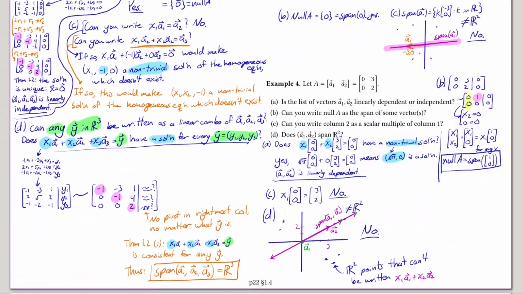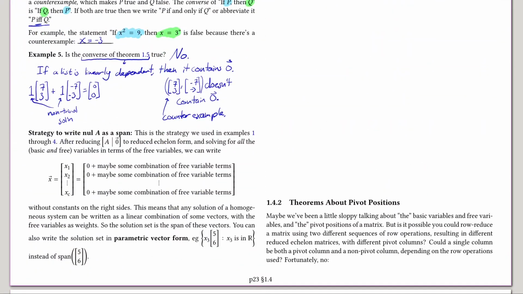Okay, so that's what that says. This is going to be a thing we use a lot, like writing a null space as a span of some vectors is something that we'll do a fair amount throughout the class, including later on in chapters 5 and 6 and 7.